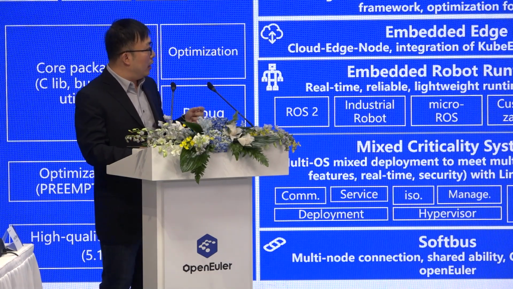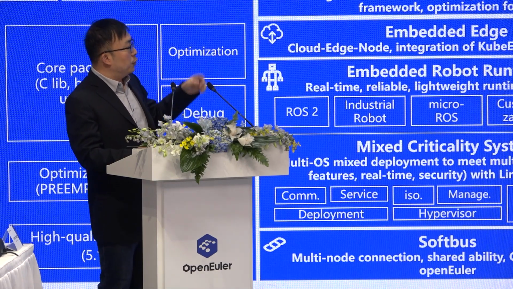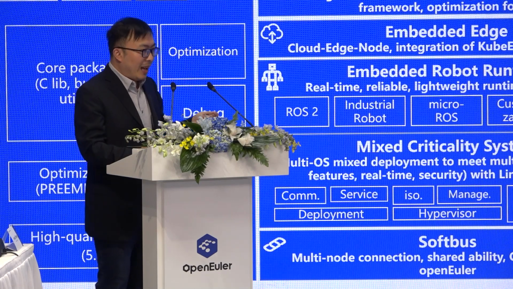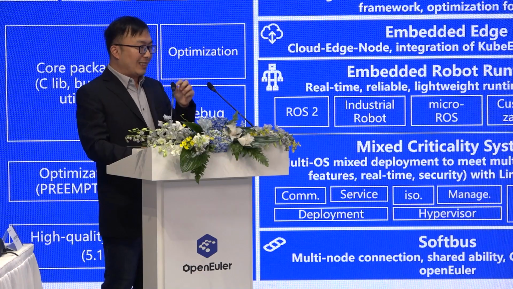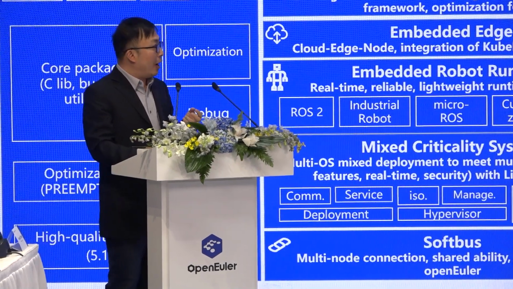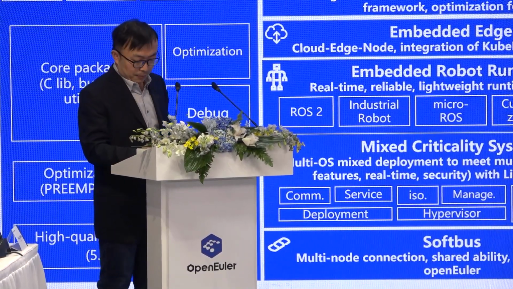Besides these features, we are working on some upcoming features, for example, eBPF and Rust, and whether we put them into our task list depends on the requirements and the resources we have. Okay, so these are the openEuler embedded key features.